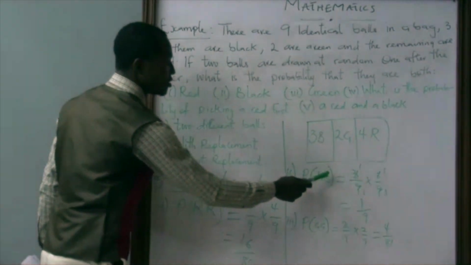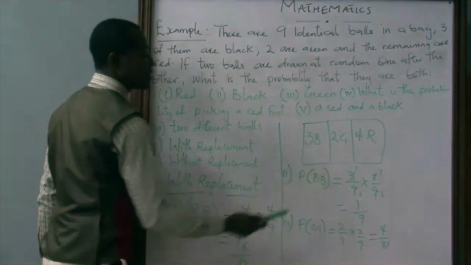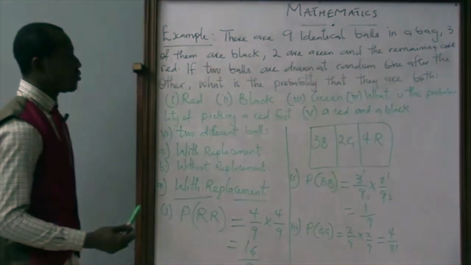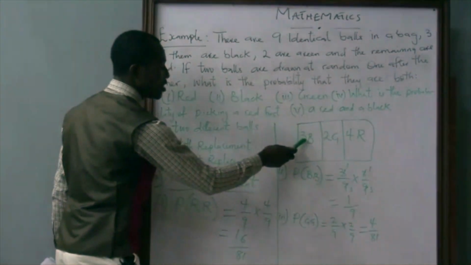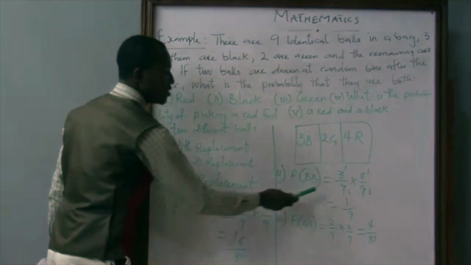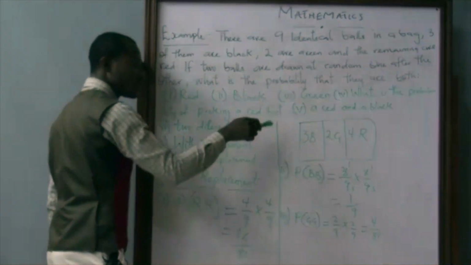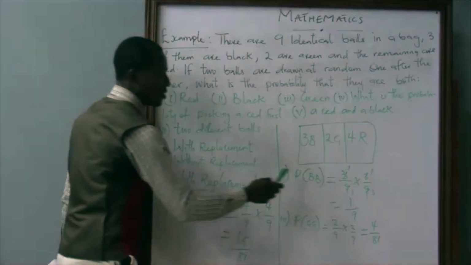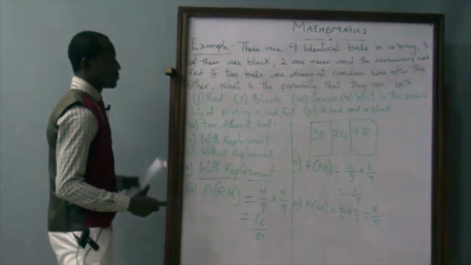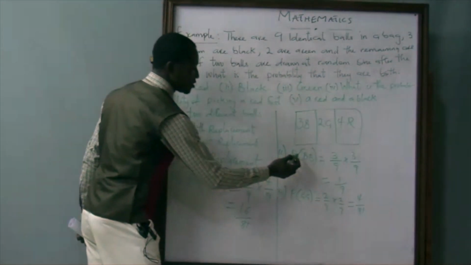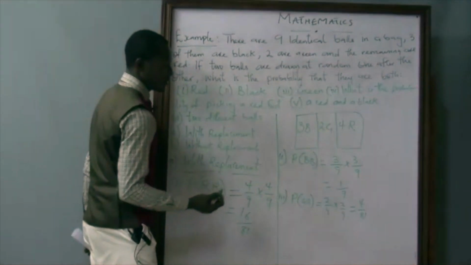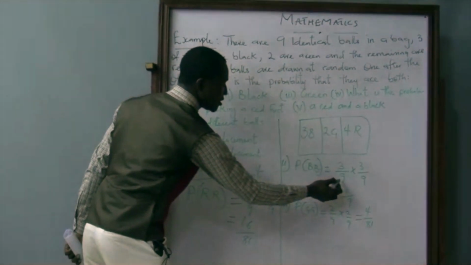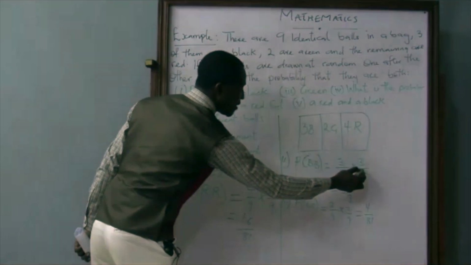Number 2, what's the probability that they are both black? The probability of picking a black first and a black next. The probability of picking a black ball will be 3, because you have 3 black balls, divided by 9. I return it back into the bag. So the black first, then the black next: 3 over 9 multiplied by 3 divided by 9.